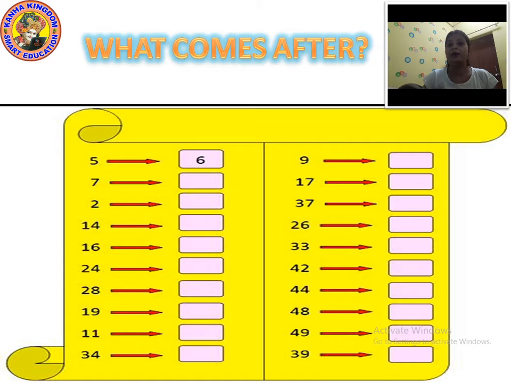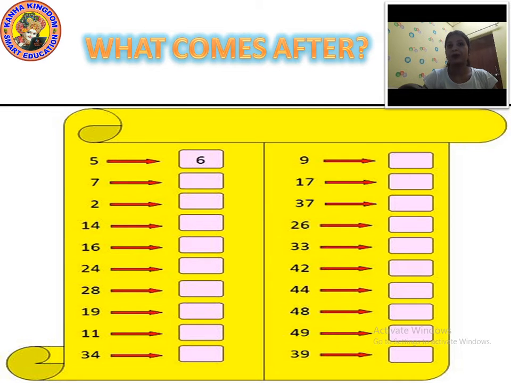And if the number is after 20, like 21, 22, 23, if this type of number comes, you can count from 20. You count from 21, 22 like this, and you can find out what comes after.